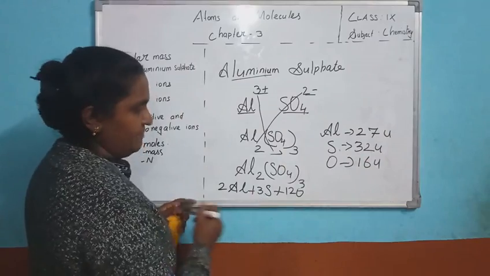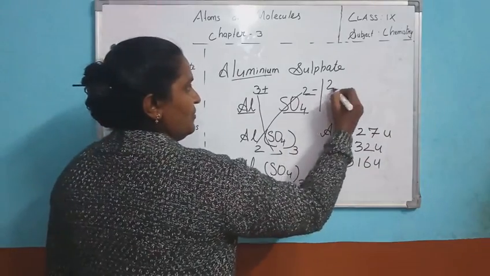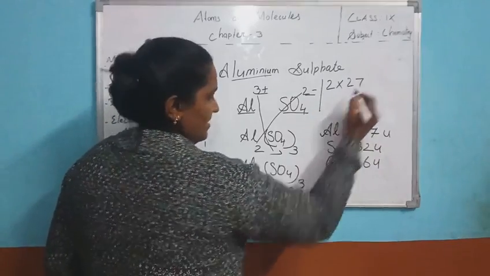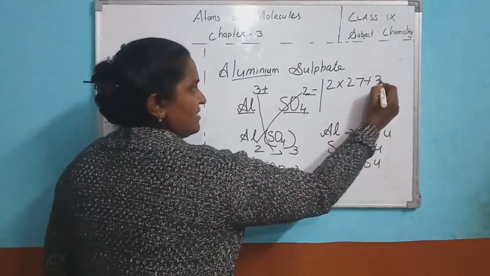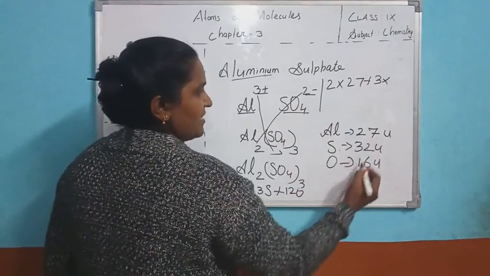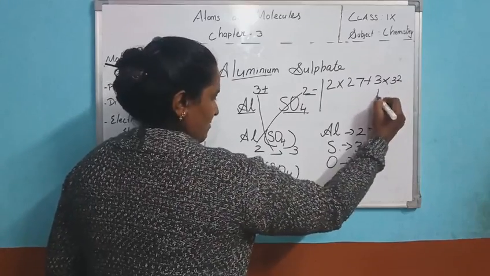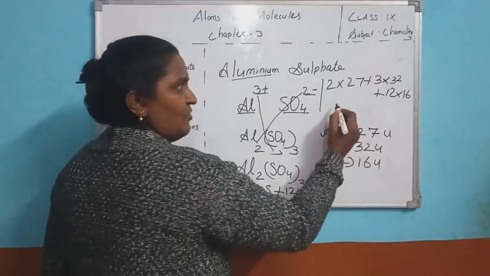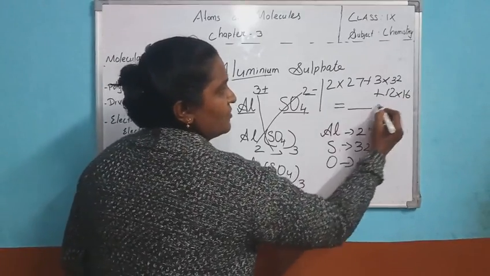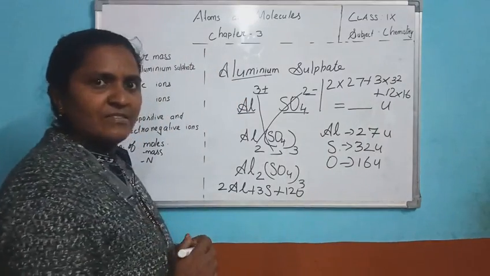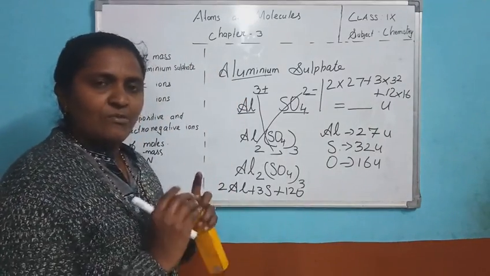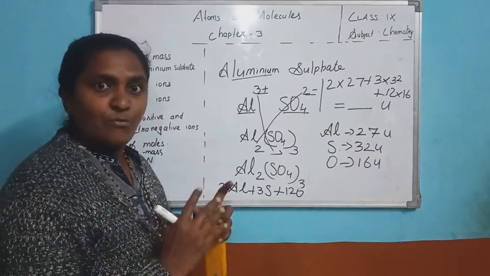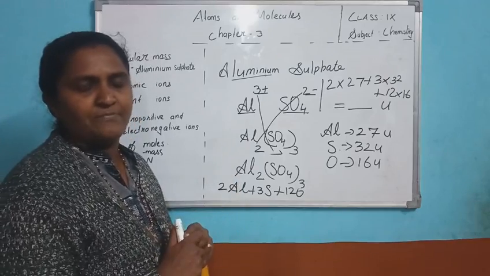Now substitute here: 2 times aluminium, each aluminium 27, plus 3 times sulfur, each sulfur 32, plus 12 times oxygen, each oxygen 16. So you multiply first, then add, and you find the overall mass. This is the molecular mass of aluminium sulfate.